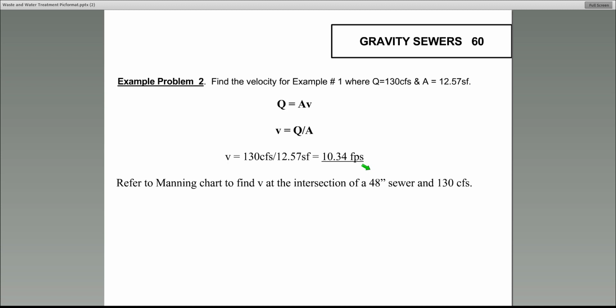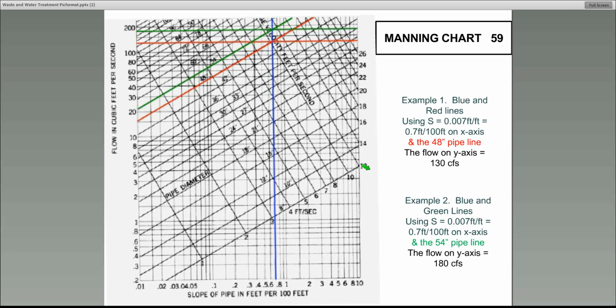So if we go back, we can also do that graphically, and you can see what this is, example number 2. That was for a 54-inch pipe. So we're going to take this blue curve up to a 54-inch pipe. That's this other green curve.